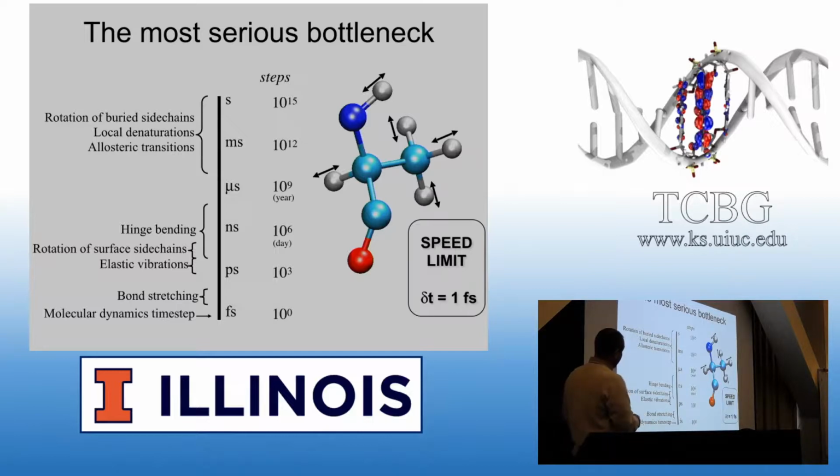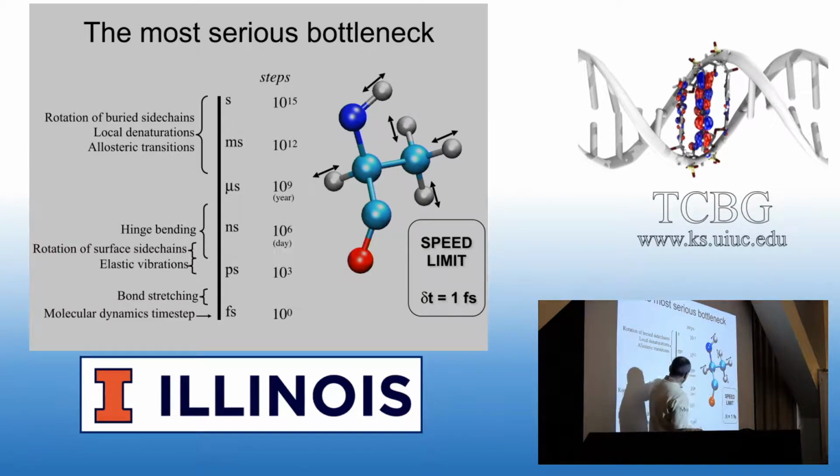Local denaturation, folding, unfolding of pieces of the protein, or rotation of buried side chains might take a long time because they depend on the buried motion of the system. So we would like to go into longer and longer time steps, but of course, as we discussed, we are limited by the time step here.